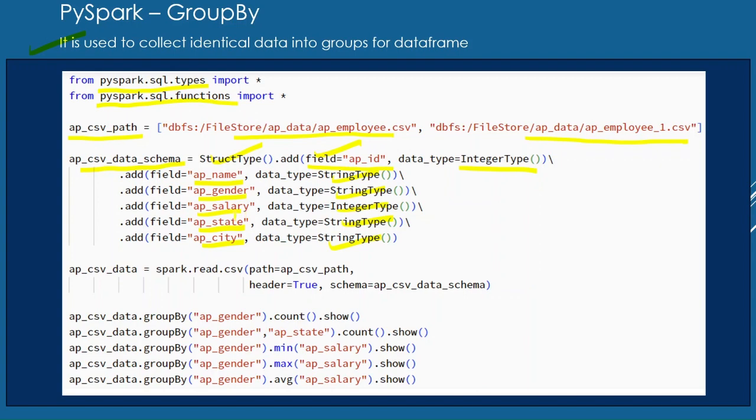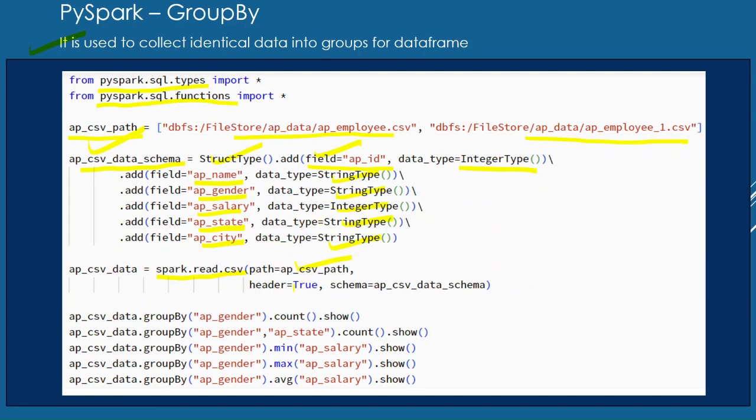In this custom schema we are defining 6 columns and their data types. With the help of the spark.read.csv function, we are reading all the CSV files present in the list which we have created here. It has all the paths of the CSV files which we are going to read.